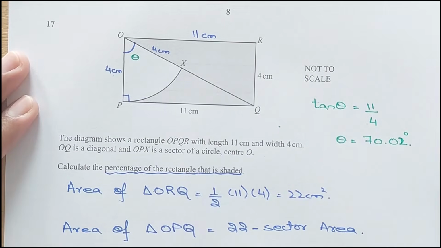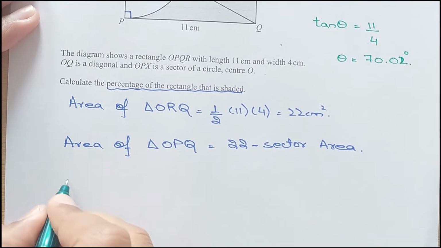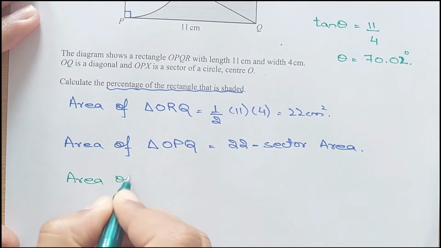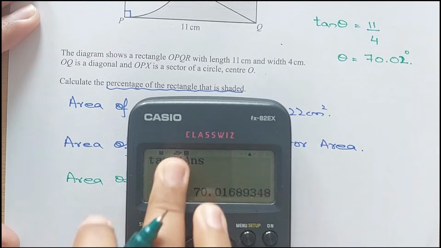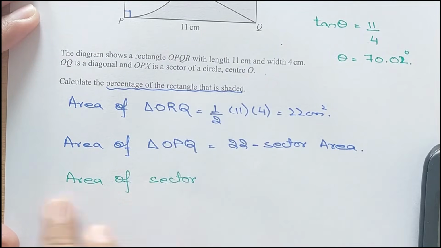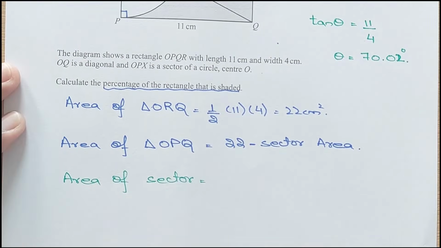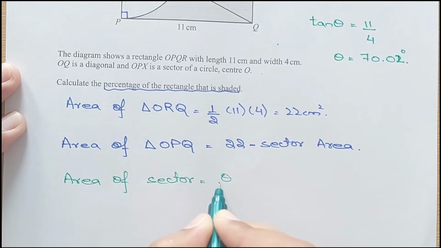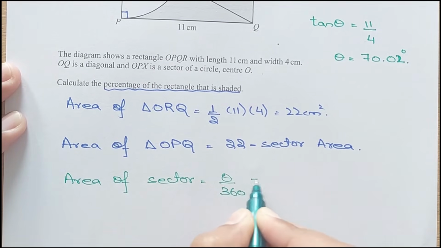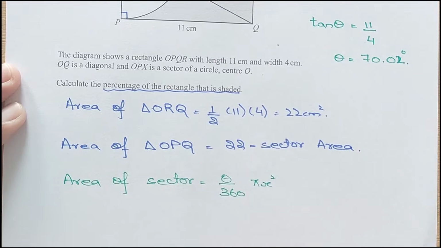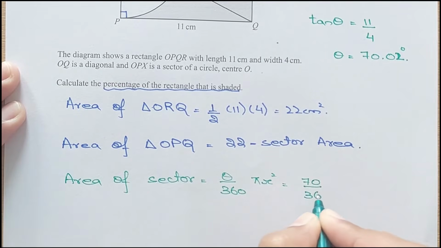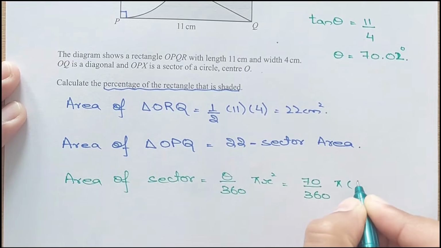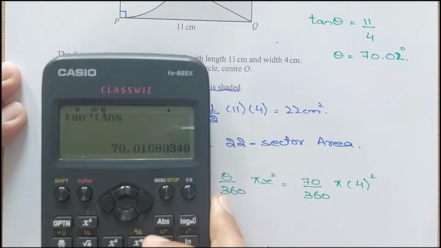Now let me use the area of a sector. Since we got the angle in degrees and the calculator is in degrees, we have to use the formula of area of a sector in terms of degrees, that is theta over 360 times pi r square. We can use the radian one if we measure theta in radians. So theta is 70 over 360 times pi, radius is 4 squared.